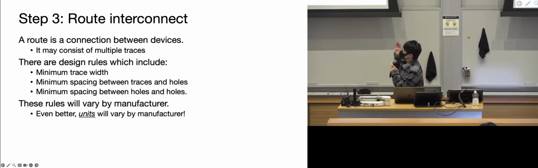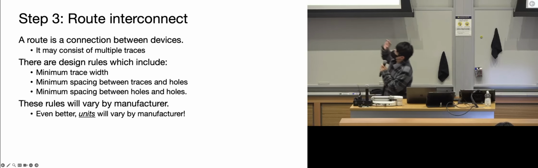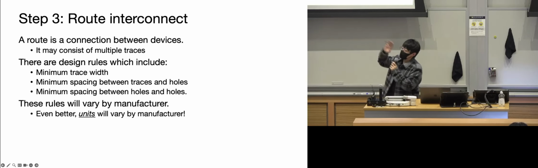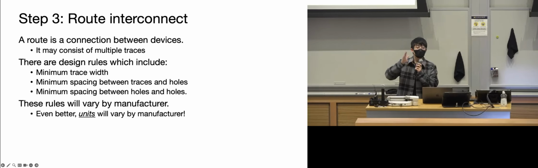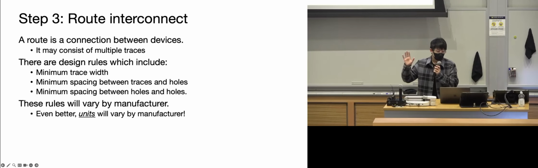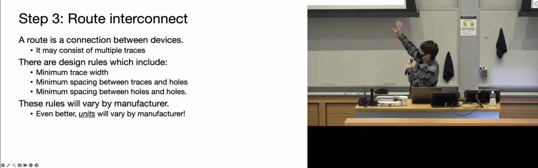And these rules might vary by different manufacturers. Sorry, let me rephrase this. There are sets of design rules for you as designers, and there is also a set of design rules set by the manufacturer: the minimum trace width, the minimum space between holes and vias, etc. These are usually set by the manufacturer.